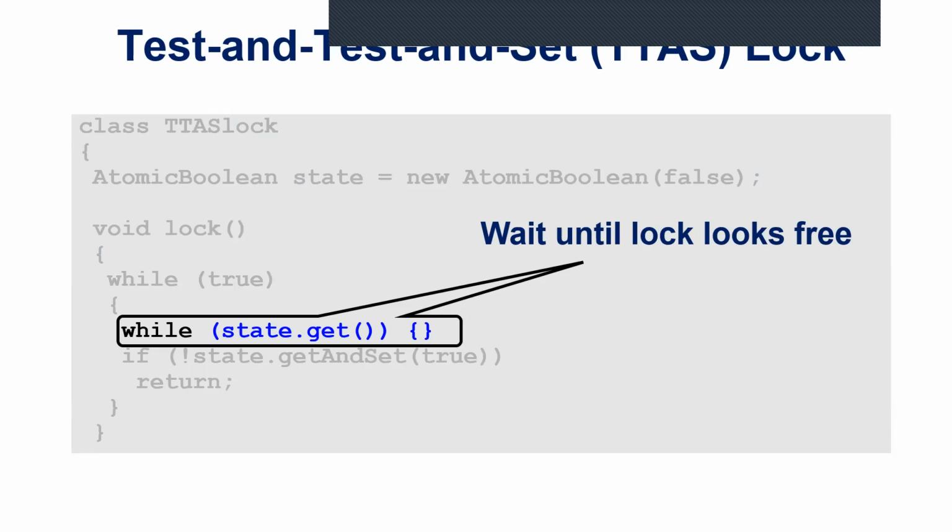Instead of continuously spinning on that particular state variable, here we are repeatedly checking the state of the lock, either by directly accessing a shared variable or using an atomic operation.